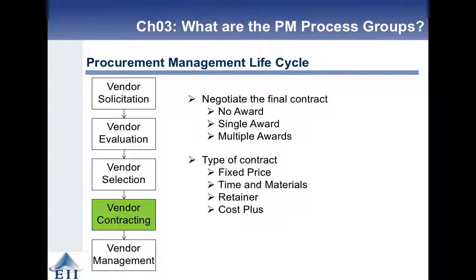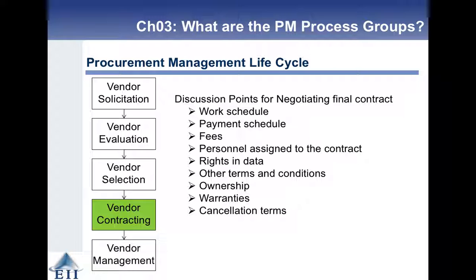Right, we might negotiate the final contract, or none, or one, or multiple. And we need to understand the type of contract. Is it fixed price, time and materials, retainer, cost plus? Lots of different ways we can contract.